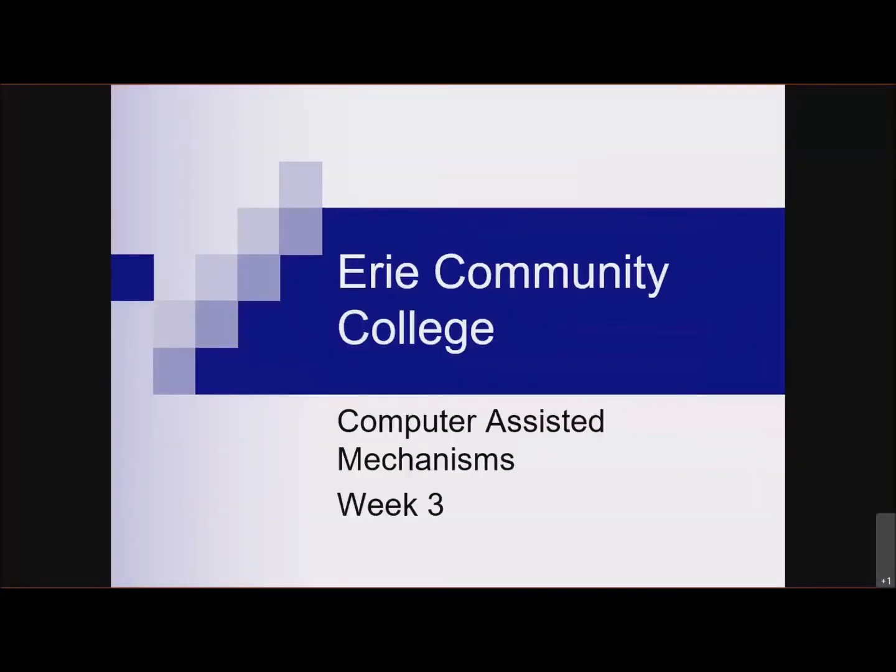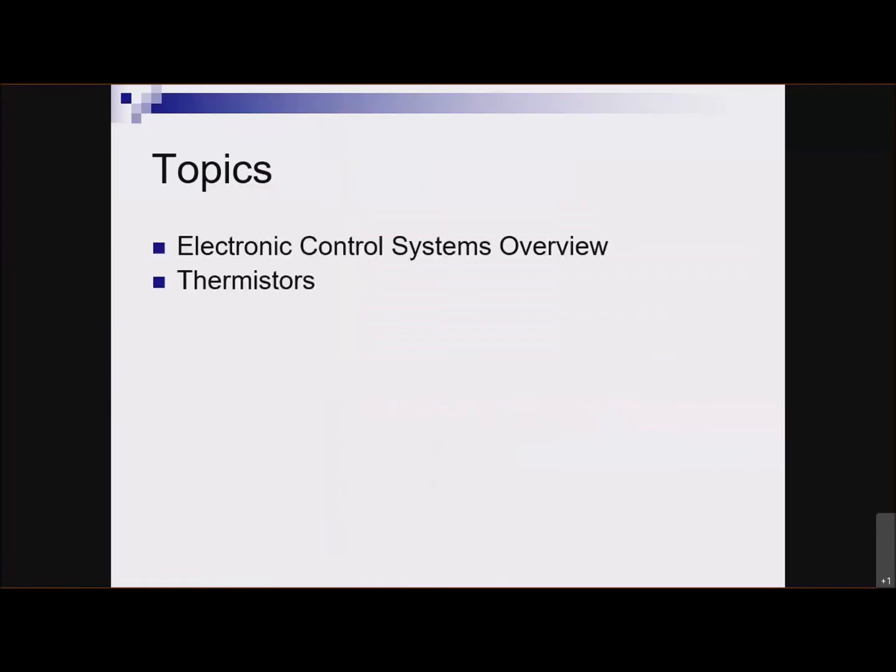So this was week 3. Of course, now we're into week 4. These slides will take several weeks to do. We've already gone through the electronic control systems overview. We talked about how computers work, inputs, outputs, the processing that happens, how they use electrical signals, ons and offs, to be ones and zeros, and how those ones and zeros can be used in combination to create other data like letters and numbers besides 1 and 0.